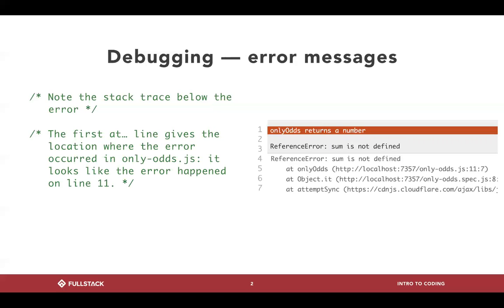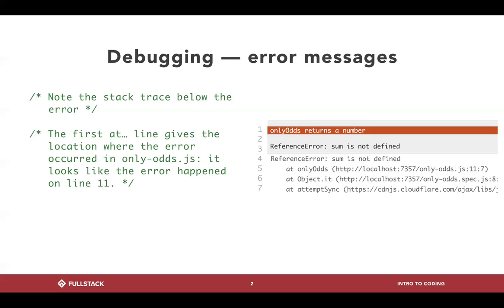If we look over to that line 5, it says at only odds. So that's going to be the function that is calling whatever throws the error. And then all the way to the right, it says only-odds.js, which will be the name of our JavaScript file, and then line 11.